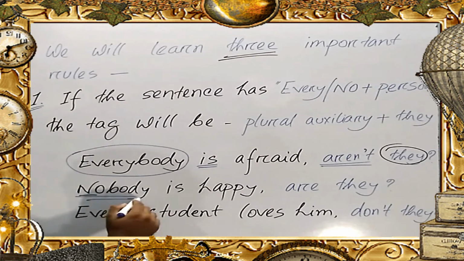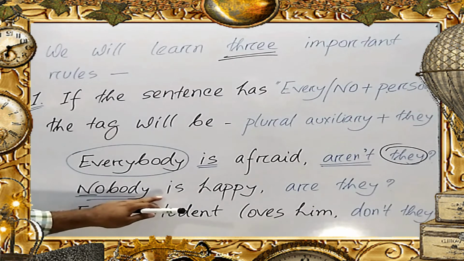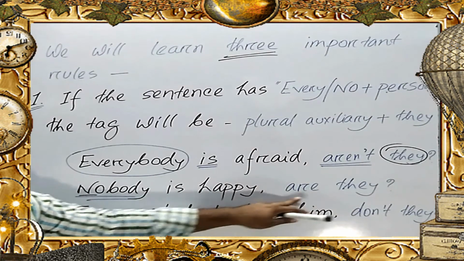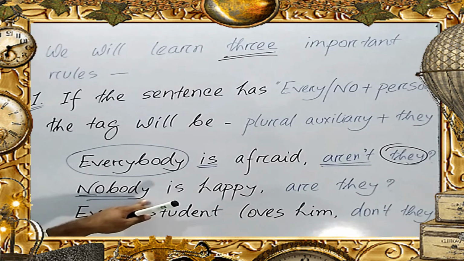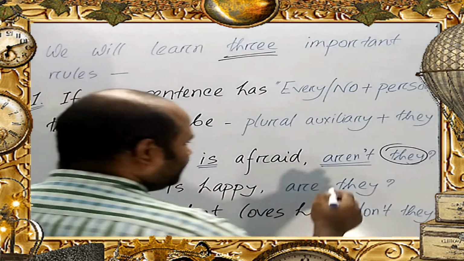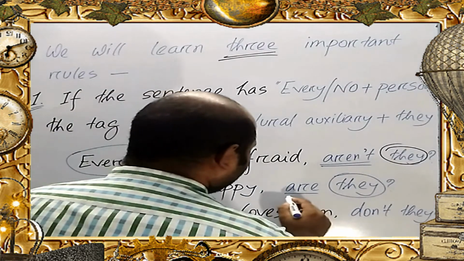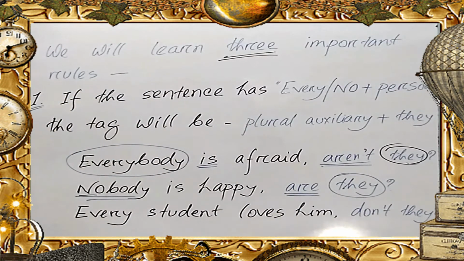Again we can say is, as no means singular. Whenever you get no as subject, it is always singular. So nobody is. But if you make this statement a tag question, you have to take are, because no plus body, no plus person. So you have to take are instead of is, and for nobody you have to take the pronoun they. I think you are clearly understanding the point.